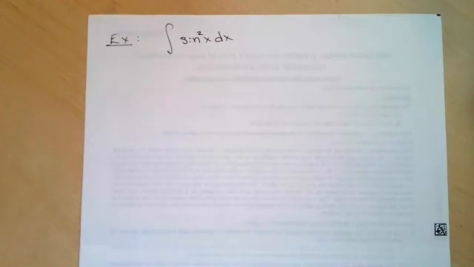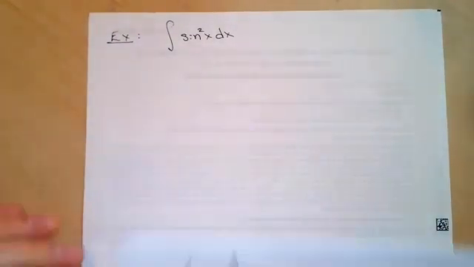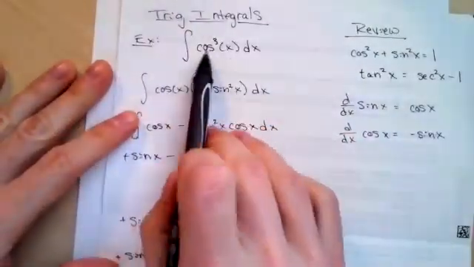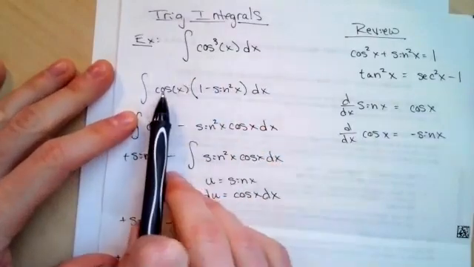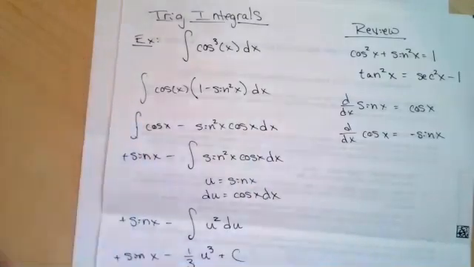So what's problematic about this? Again, when we have sines and cosines, it's really nice when we have an odd power of one of them. Whenever we have an odd power of sines or cosines, we can always leave that one off and convert the even power of sines and cosines into the other one.